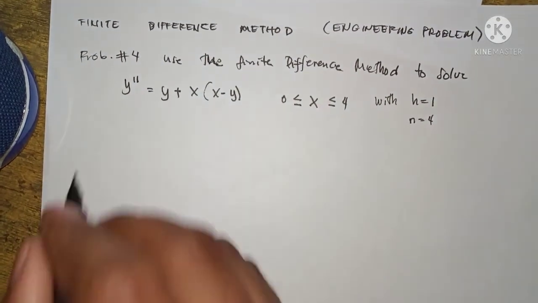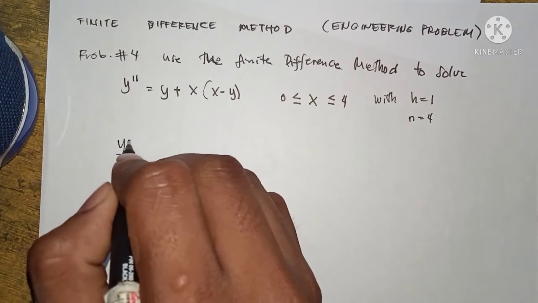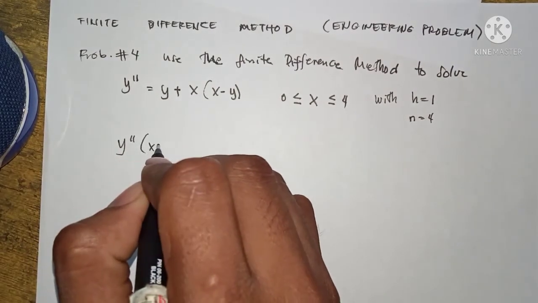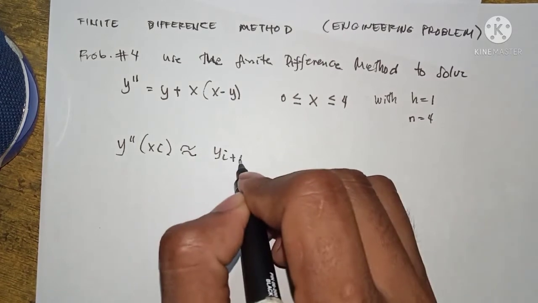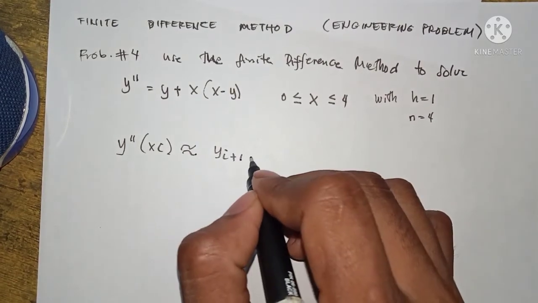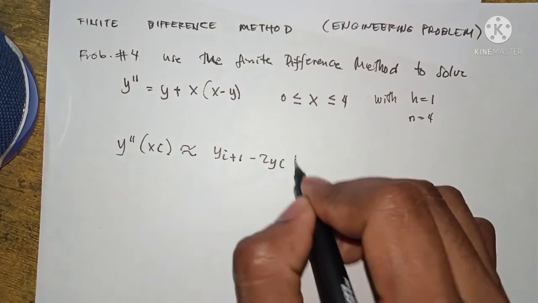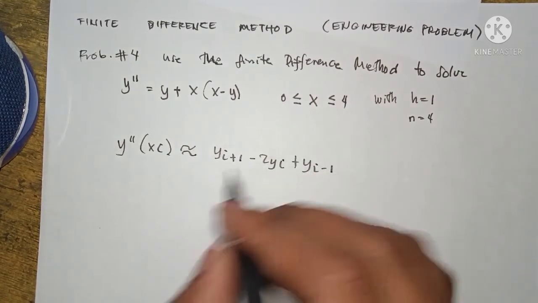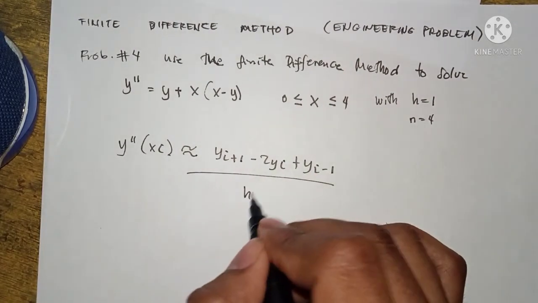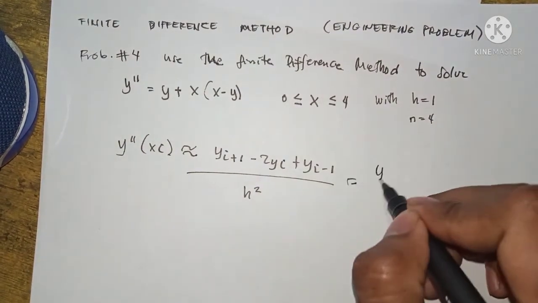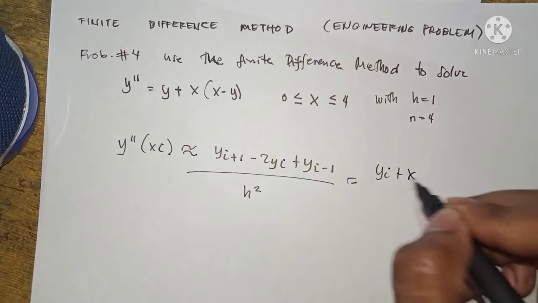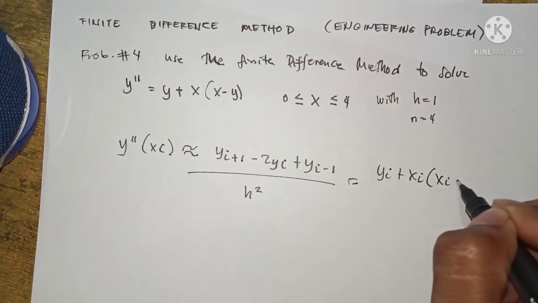First, we use the formula for finite difference: y double prime of x i is approximately y i plus 1 minus 2 y i plus y i minus 1 over h squared, which is equal to y i plus x i times x i minus 4.